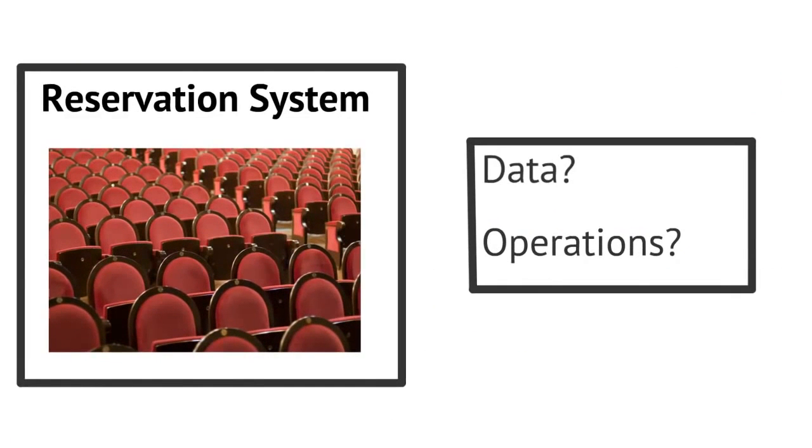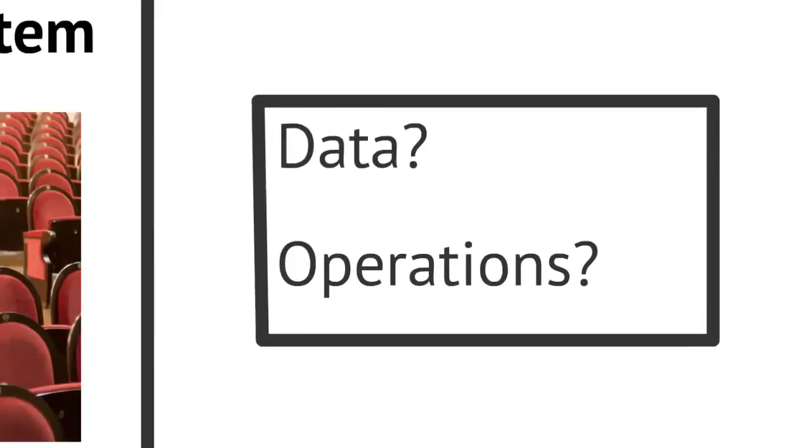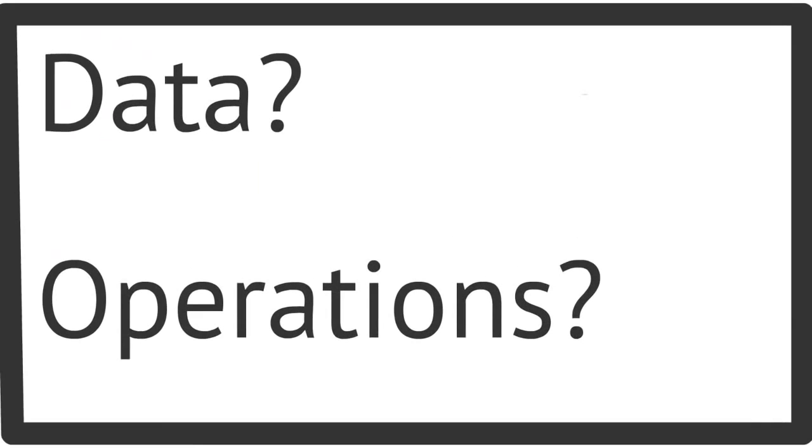So let's go back and talk a little bit about this reservation system that I brought up in the abstract data type video. We said we wanted to model this idea of a reservation system for maybe a concert hall. In terms of an abstract data type, we would think about what the data items were and what the operations were.